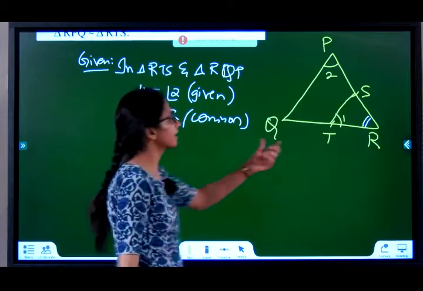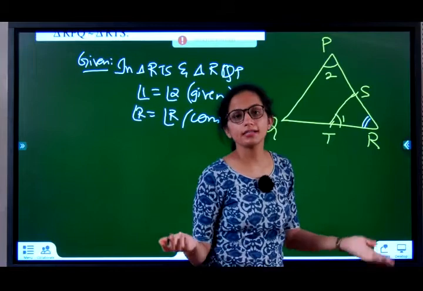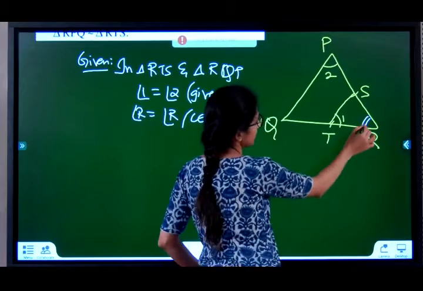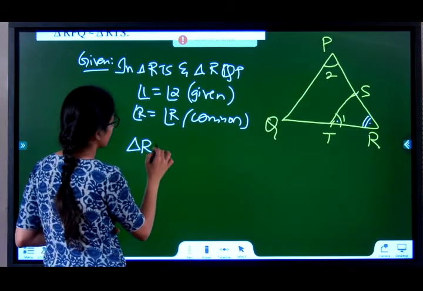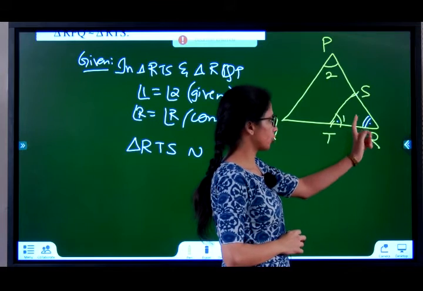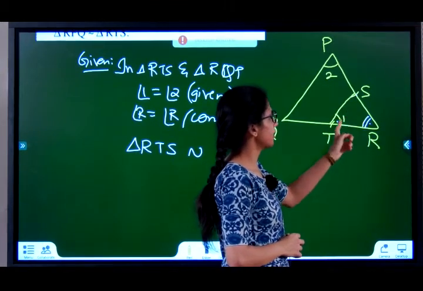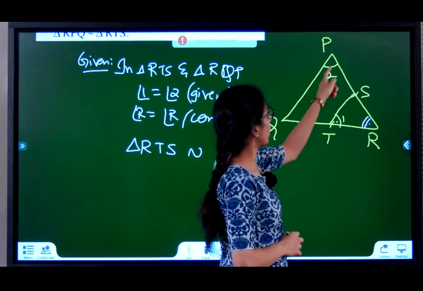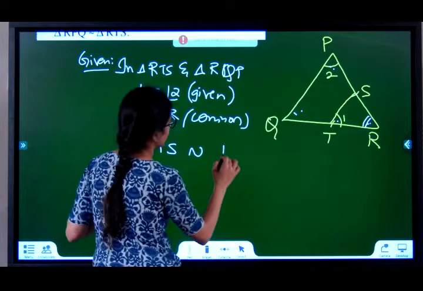So, I have two angles from the small triangle equal to two angles from the big triangle. The two triangles are similar. Order of naming matters. So, triangle RTS is similar to triangle RPQ.